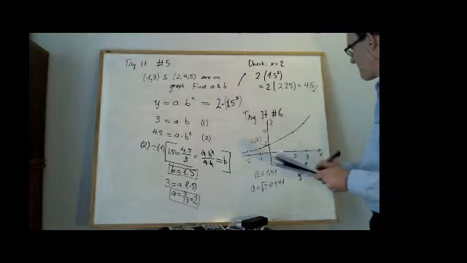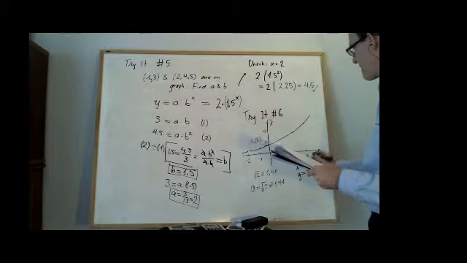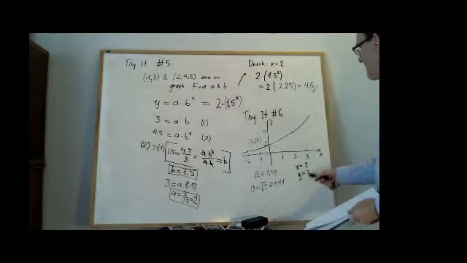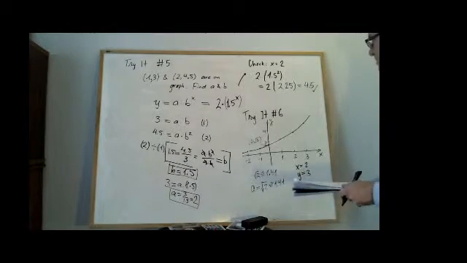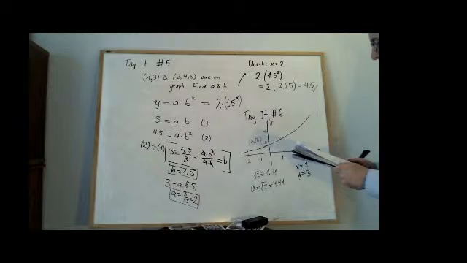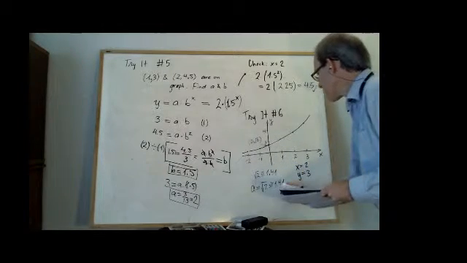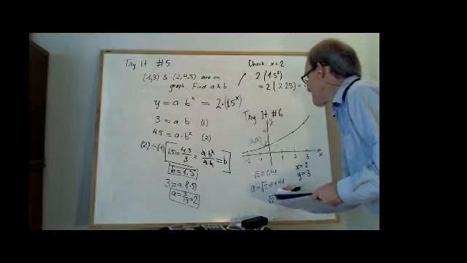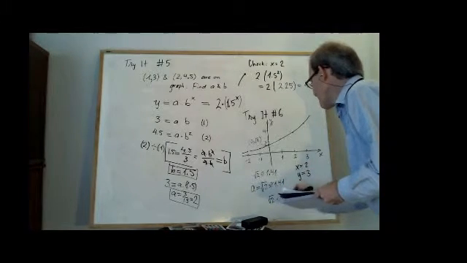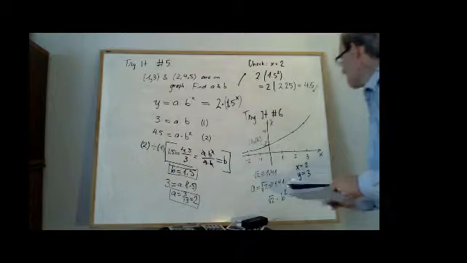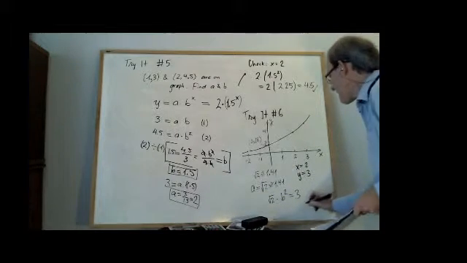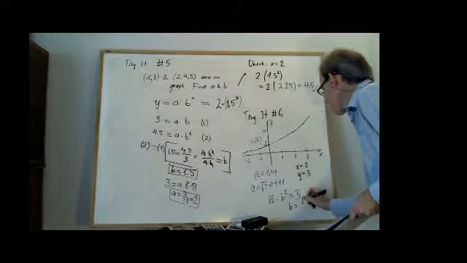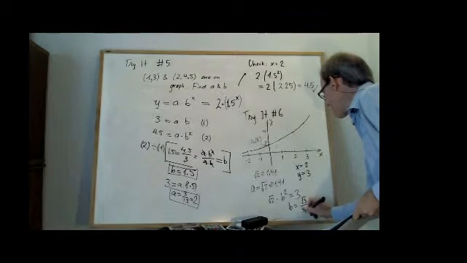I couldn't really distinguish that y was any much different than just 3. So I'll use that value. So I plug in x equals 2 here into the original formula. I get the square root of A times B squared is equal to 3. So now I can easily solve for that. And I get B is equal to the square root of 3 over the fourth root of 2.